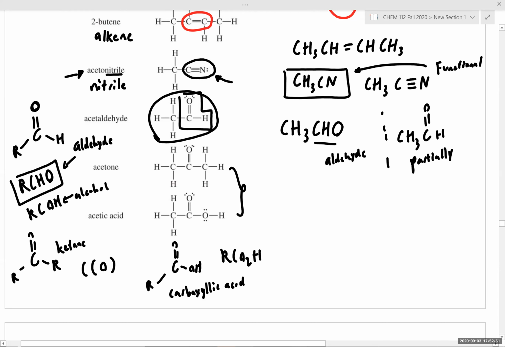So let's take about 2 to 3 minutes and let's try to write the condensed structures for each of the following molecules. And remember, if you have a symmetrical structure, it can be further simplified.